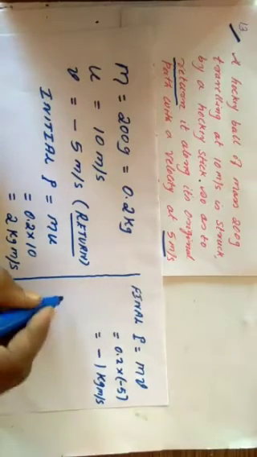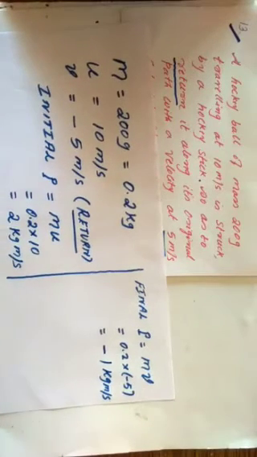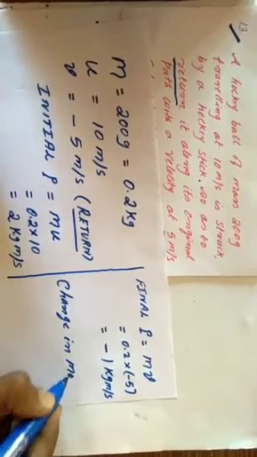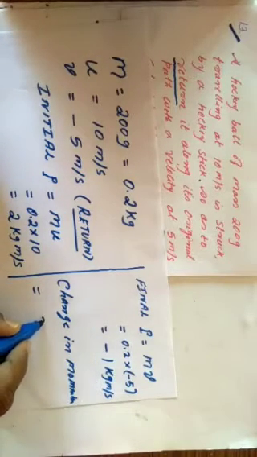So what is the change in momentum? Change in momentum is equal to the final momentum minus the initial momentum. So the change in momentum is 2, that is the initial momentum, minus of minus 1. 2 minus of minus 1 becomes a plus, so that is equal to 3 kg meter per second.